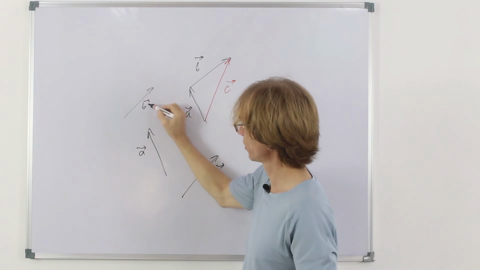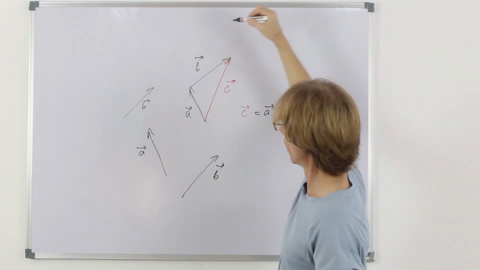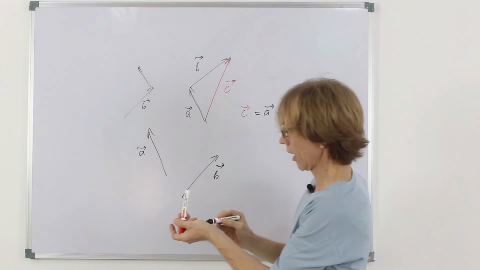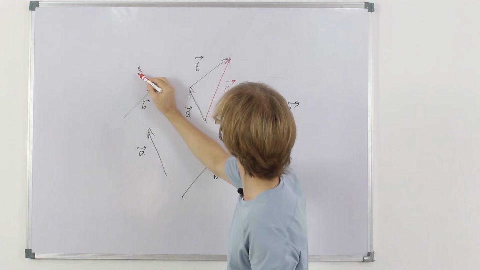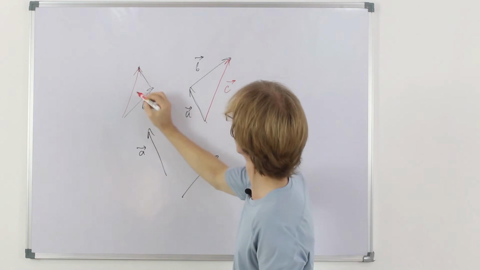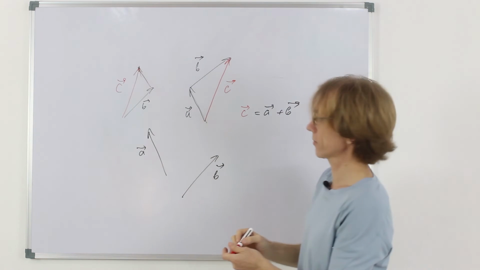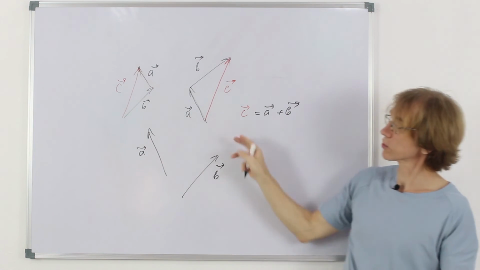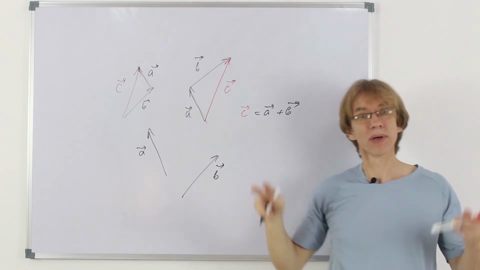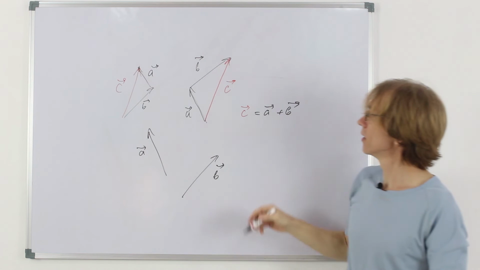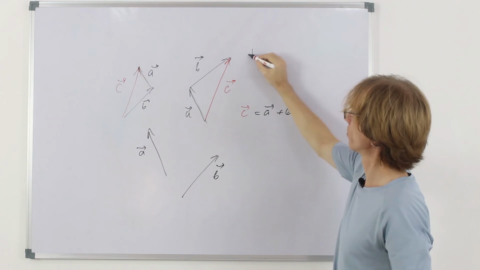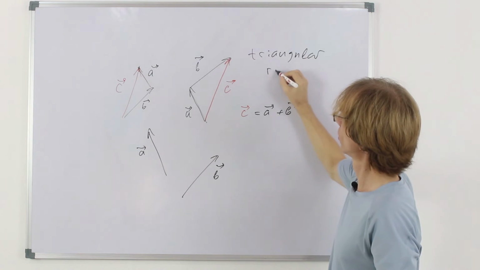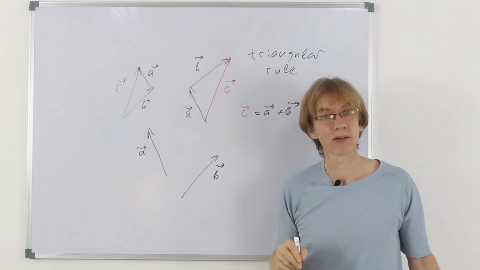I can start with B, and then I do A. I would still get the same C. The order is not important. It's important that you go through them in a sequence, in a chain. This is the triangular rule of adding vectors.